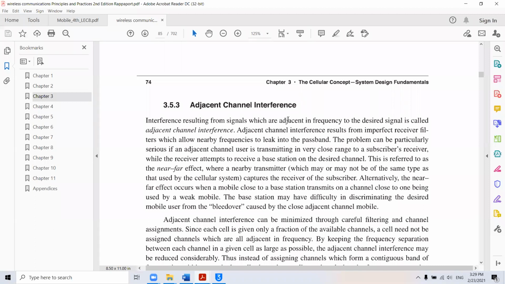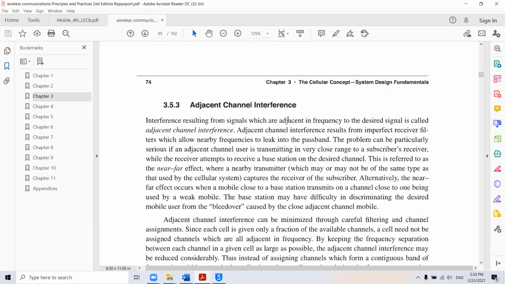Of course, you have a lecture and slides, but at the beginning, I'm going to show you some important things in the book. As you know, we said that we have two kinds of interference, co-channel interference and adjacent channel interference. We dealt with co-channel interference in the previous week. In this week, inshallah, we are going to talk about adjacent channel interference.